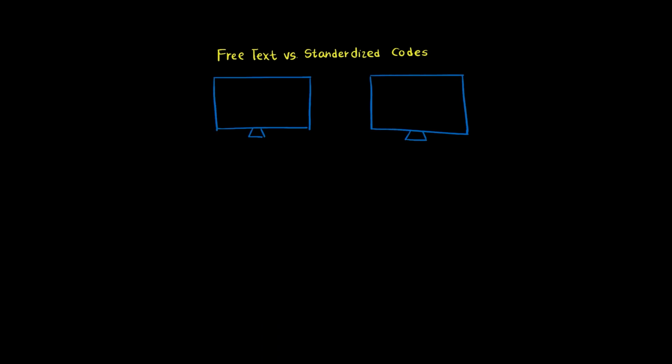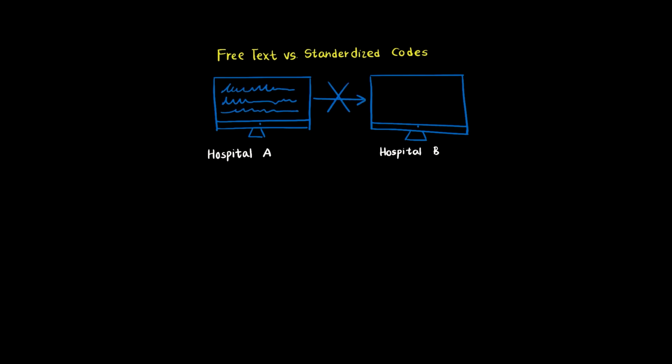Let's explore the theory behind why free text documentation creates such significant problems for healthcare data exchange. When providers type diagnoses as free text instead of selecting standardized codes, they're essentially creating data that only humans can read, not computers. Think of it like writing a letter in your own handwriting versus using printed letters that everyone can recognize.